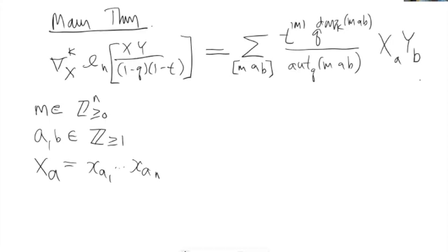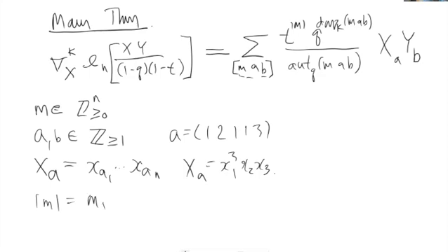So for instance, if A is equal to, let's say, 1, 2, 1, 1, 3, then x to the A would be x1 cubed, x2, x3. So that is M, A, and B. The norm of M is just the sum of all the elements of M. And so that explains all the variables.